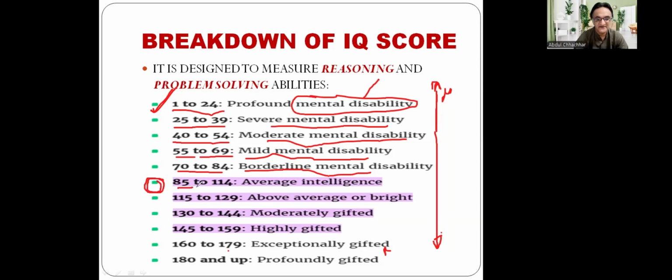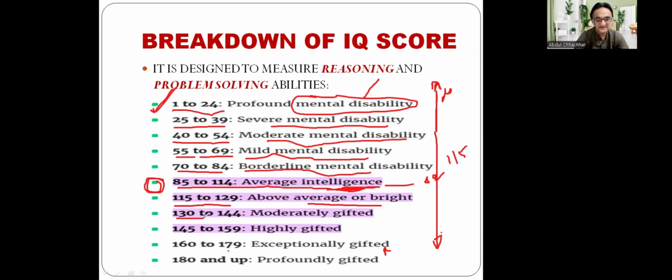From 85 to 114, this is average intelligence, as I have discussed on the bell curve, that the average IQ level is from 85 to 114, or sometimes we say 115. If a child has a score of 115 to 129, we consider the child an above average or bright student.